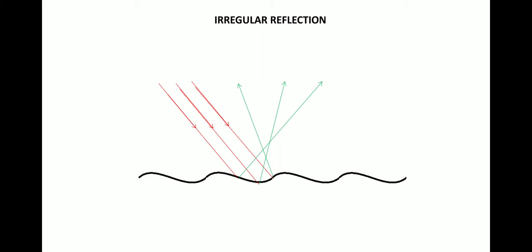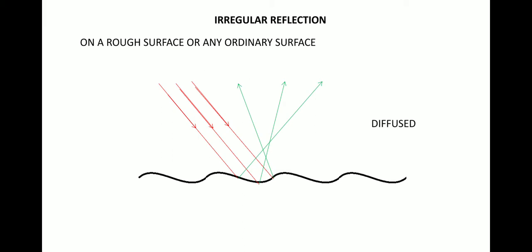So the parallel beam of light which falls on the irregular or rough surface reflects back in a random way. So this reflection will be diffused.